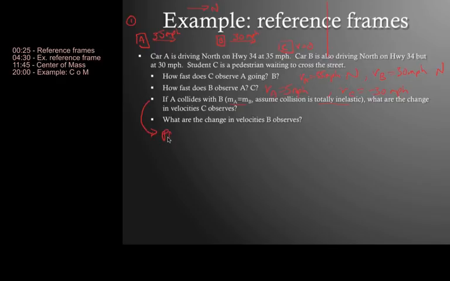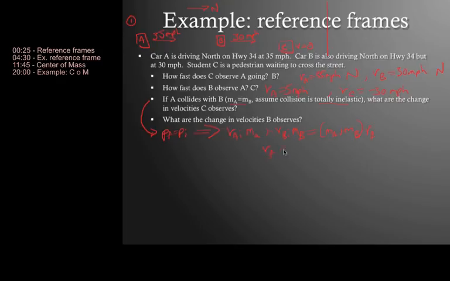One thing that we know about collisions is the final momentum is equal to the initial momentum. So C observes that m_A V_A initial plus V_B initial m_B, and this is a totally inelastic collision, so I can stick these two together, and they're going to move away at some velocity.